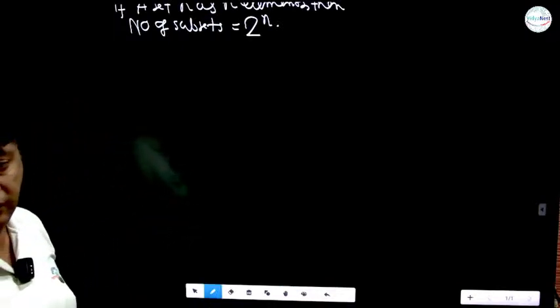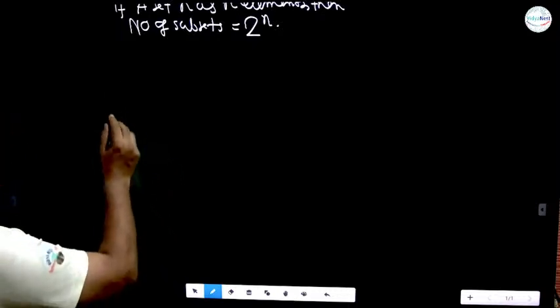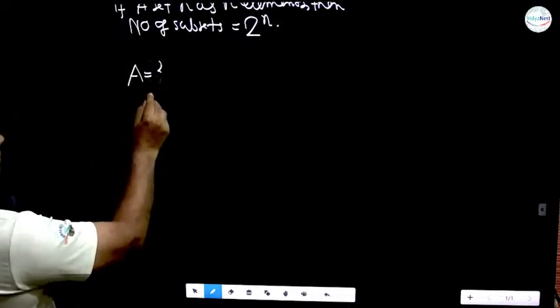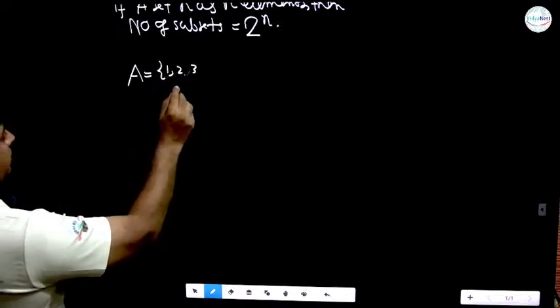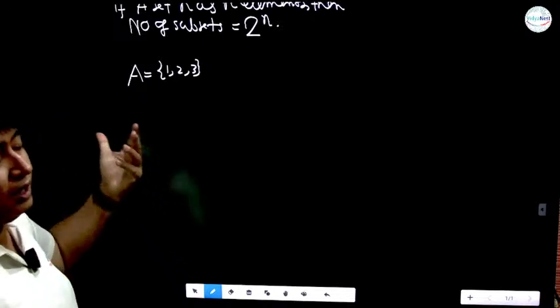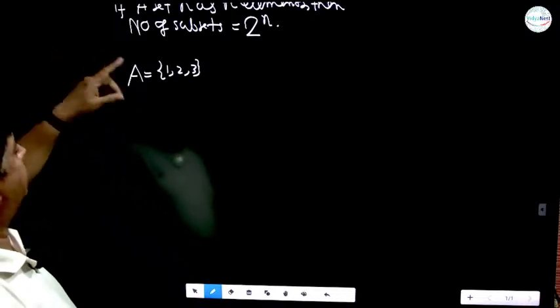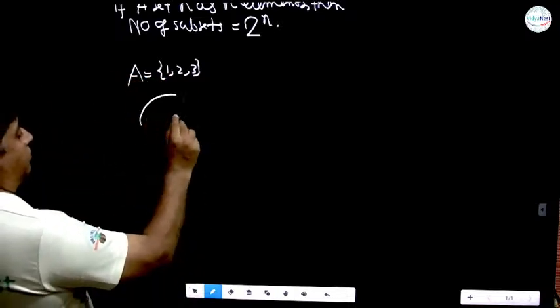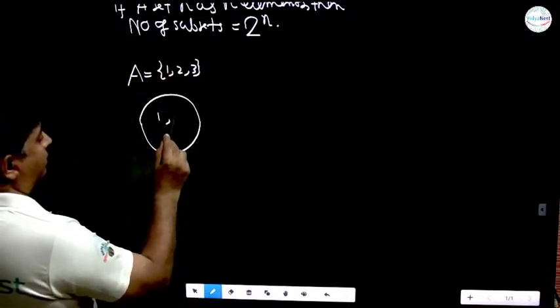Now, a set is like this: 1, 2, 3. You can express it, or you can represent it by a diagram. A round shape, there are 3 elements.